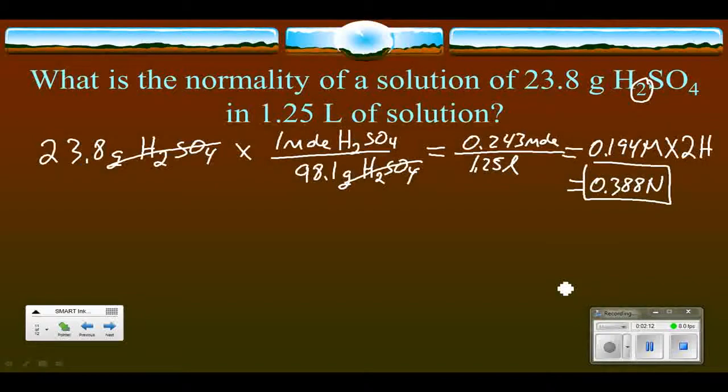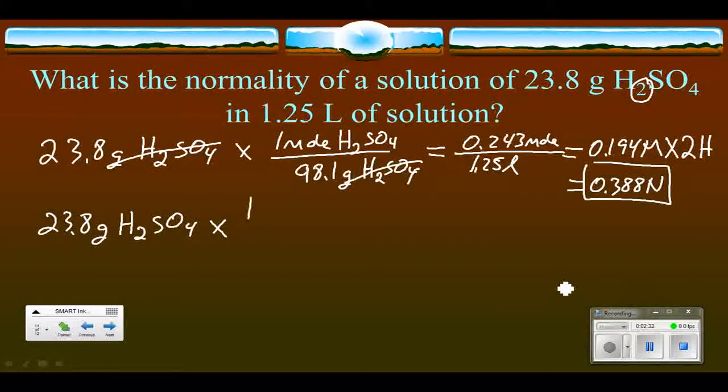Now there is another way to do the problem, using more straight normality type units. We can start with the same thing, 23.8 grams of H2SO4. But now we're going to do something different at this point. We're going to change it not to moles, but to equivalents.